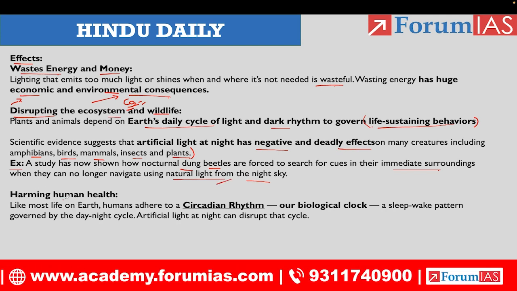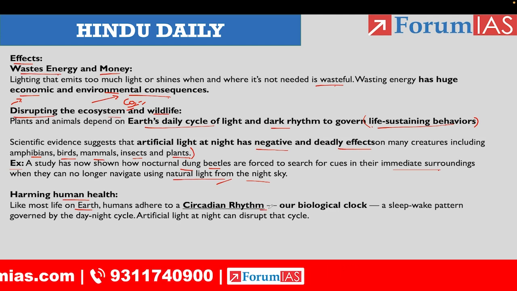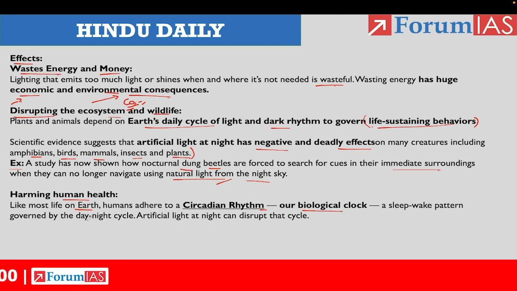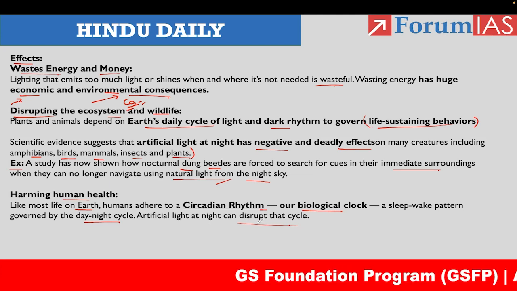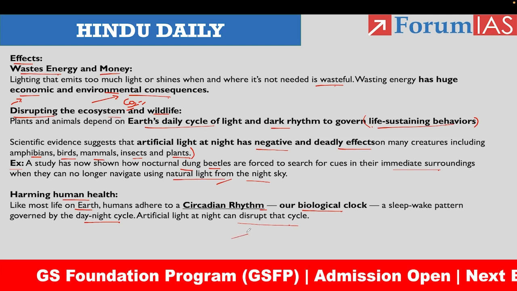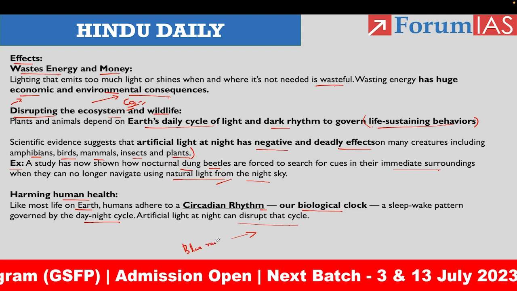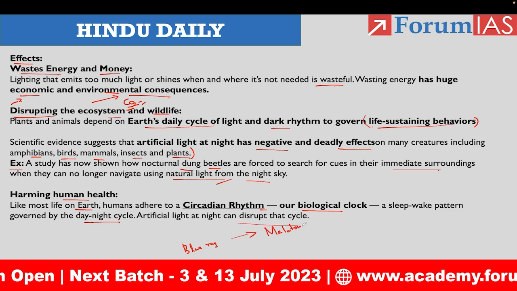Then, harming human health. Like most of life on earth, humans adhere to a circadian rhythm or biological clock, a sleep-wake pattern governed by the day and night cycle. Artificial light at night can disrupt that cycle. Let's say if you are using mobiles or any digital gadgets at night, your sleep quality will be affected, because the blue ray in the artificial light will affect the melatonin secretion.